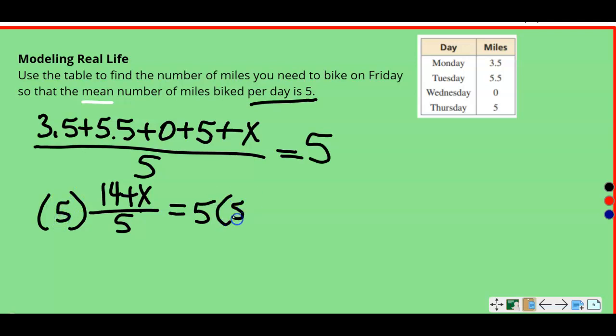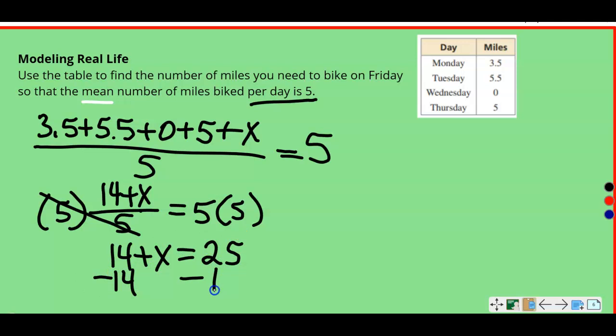It kind of groups it together. So we're going to get rid of that first, and we have 14 plus x equals 25, minus 14. All right, so 25 minus 14 is 11 miles. So if they want to average 5 miles per day, on Friday, they're going to have to bike 11 miles.